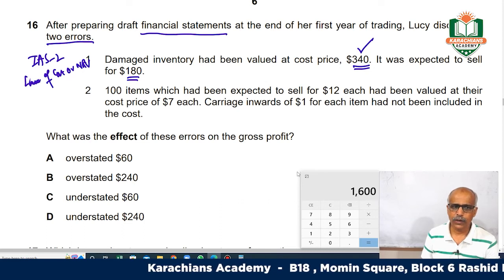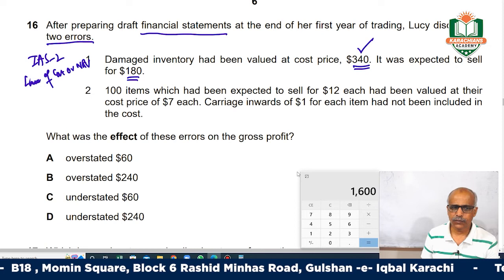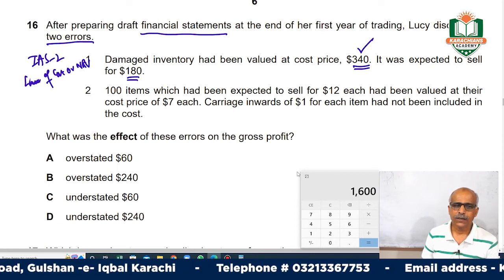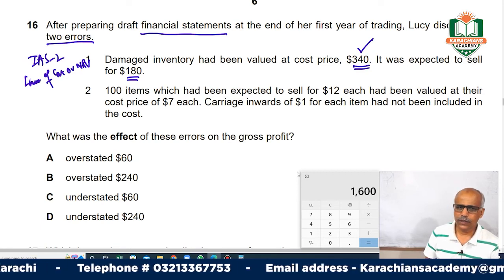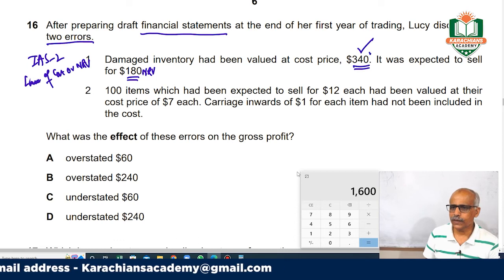If the cost is low and NRV is high, you have to take cost and ignore NRV. But if NRV is low and cost is high, then you have to consider NRV.